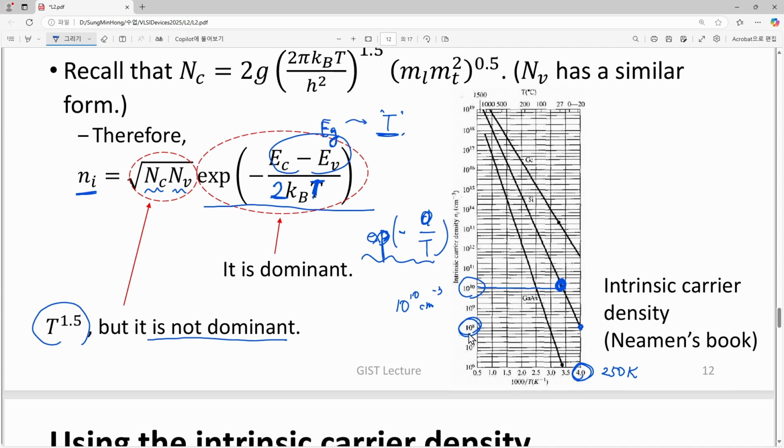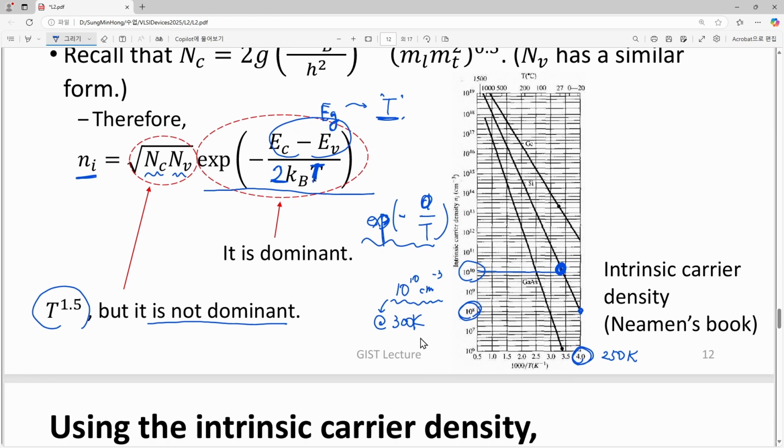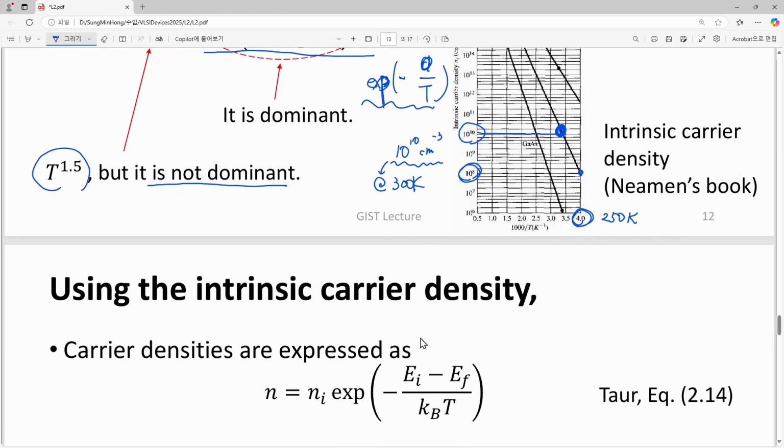So carrier density is quite a sensitive function of temperature, but at least for our own purpose, please remember this number, 10 to the 10 at 300 Kelvin. That will be quite useful for your next study.